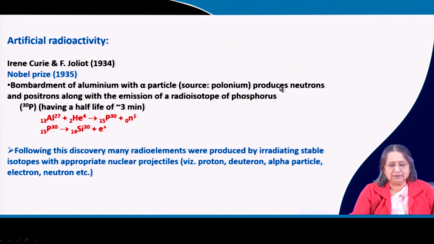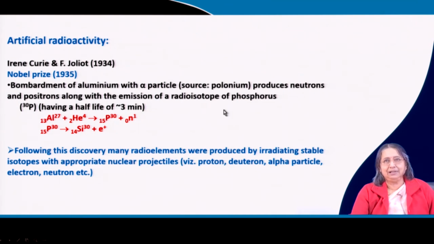But what is the observation? It produces neutrons and positrons along with the emission of a radioisotope of phosphorus. This is the artificially produced radioisotope of phosphorus. It is artificial radioactivity.